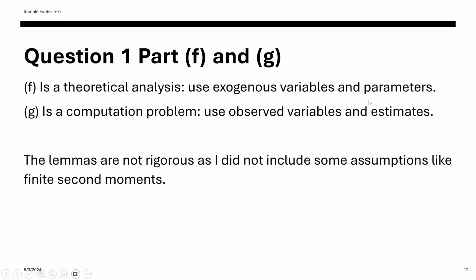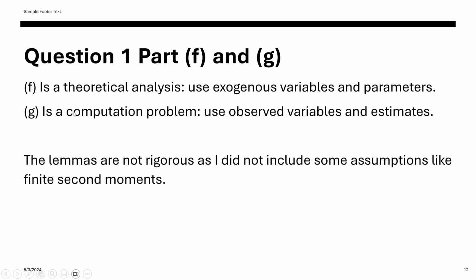OLS variance includes the variance of epsilon. Epsilon is not observed, but that is one of the underlying variables. So you can express the variance using error terms, exogenous variables, and parameters, right?